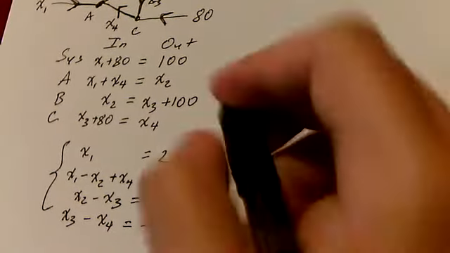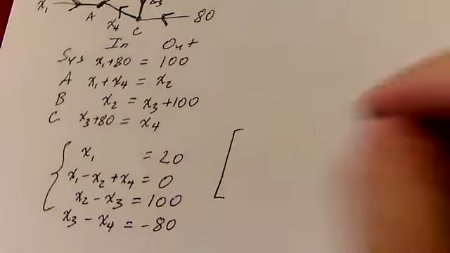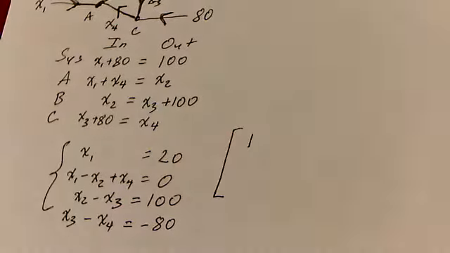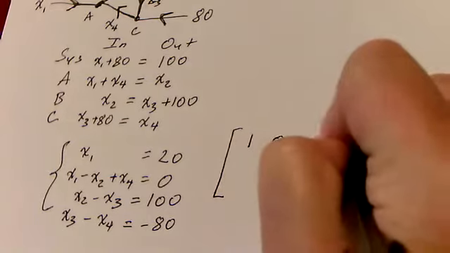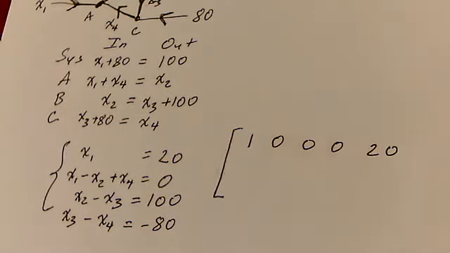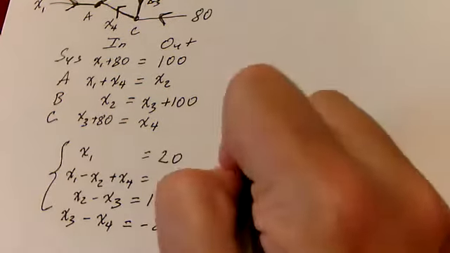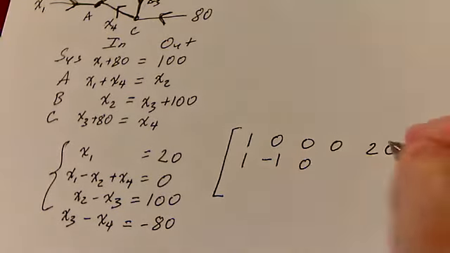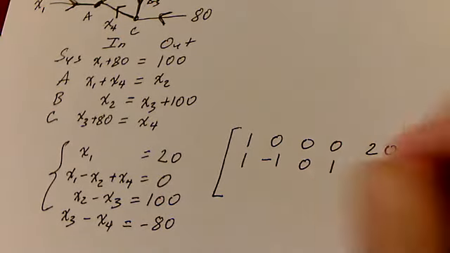From there, I can set up an augmented matrix. My first equation, I have x1 is 1. Then I have no x2, x3, or x4, and it's equal to 20. Second, I have x1 is 1, x2 is negative 1, x3 is 0, x4 is 1, and that's equal to 0.